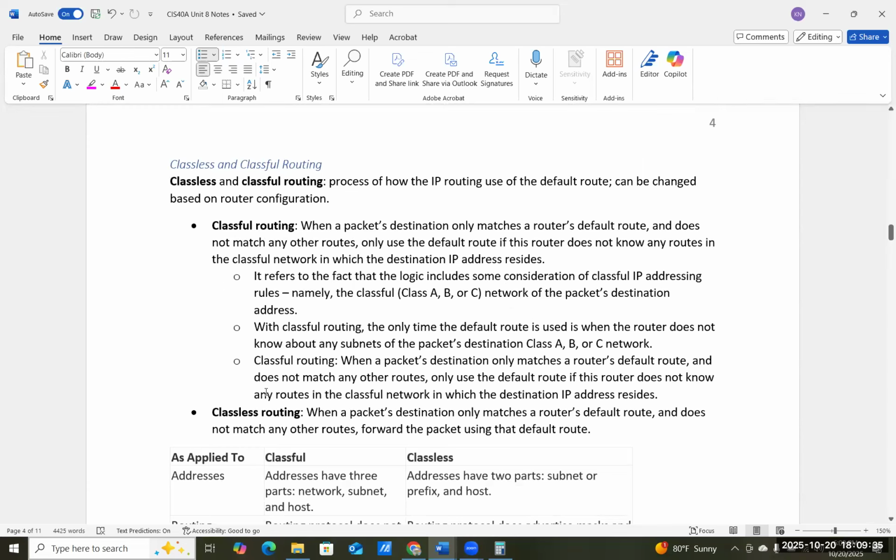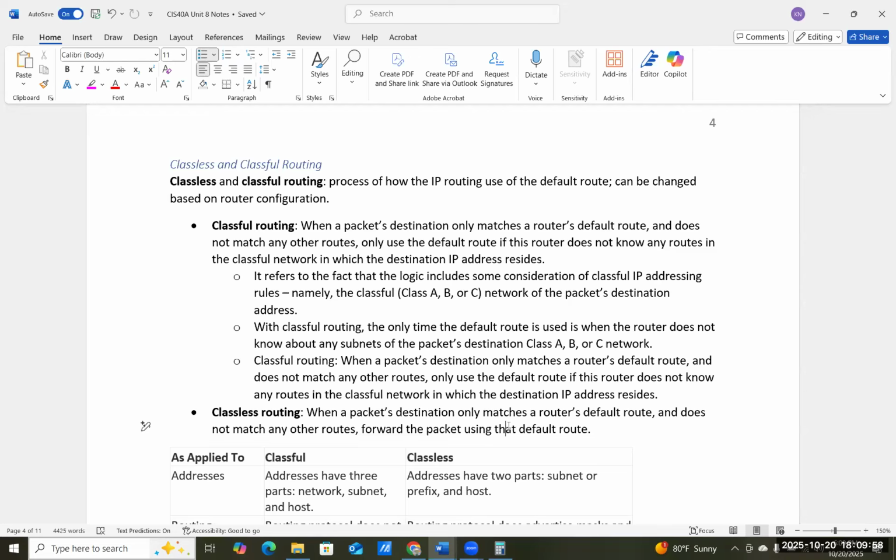Okay, and then it talks about classless routing. So basically your packet destination would need to match the router's default route. So you have to set a route, right? If you're using dynamic routing, it needs to update the first time and refer to it.